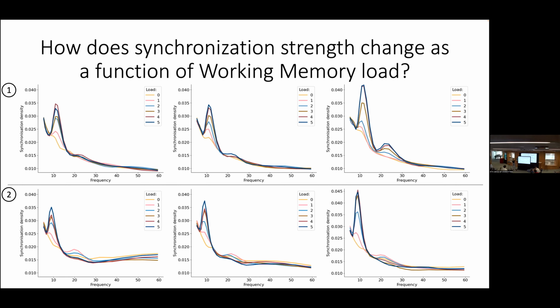What's interesting though, it might not be super clear from here, but the maximum frequency here is about 2 hertz higher than for this subject. And this was stable over all the measurement sessions. So it seemed like they had different peak frequencies. But there was a clear increase in alpha synchronization during the maintenance periods. Here is another subject.